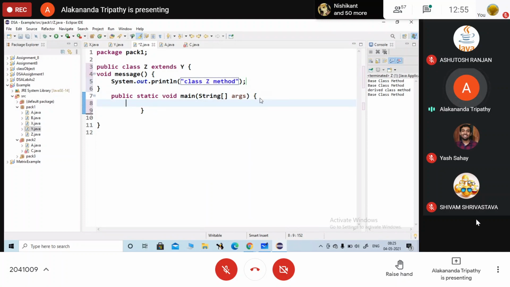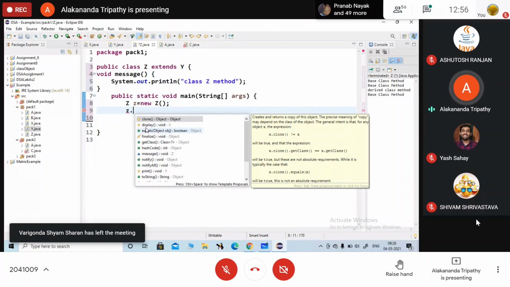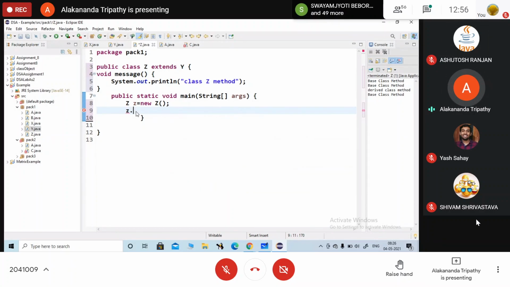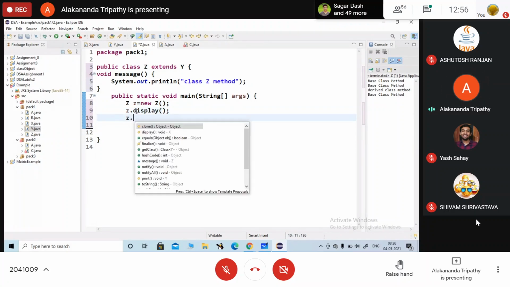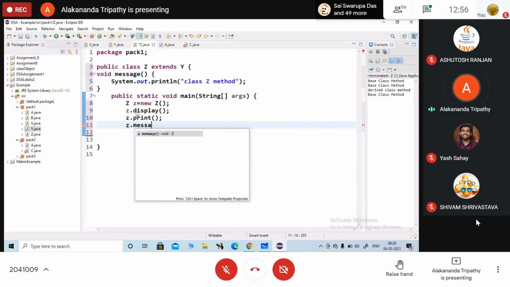I am creating the main function in class Z itself. So I will create the object of the derived class, a new derived class, in order to access the methods. Look, this is the display method. Which method has come here? The message method. Here, the print method. So here I can access all the methods. Display, z dot print and z dot message.